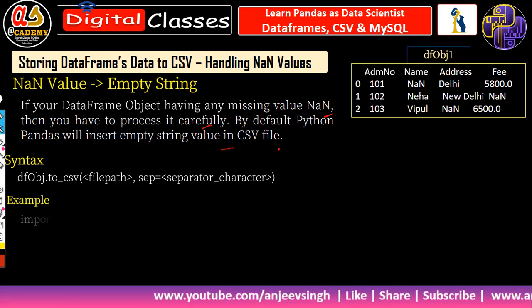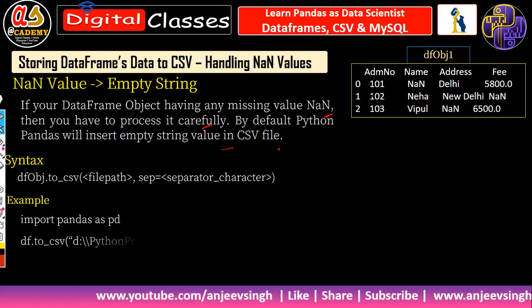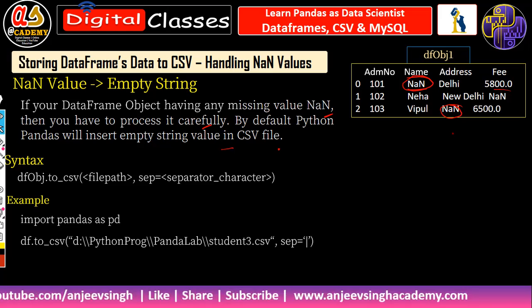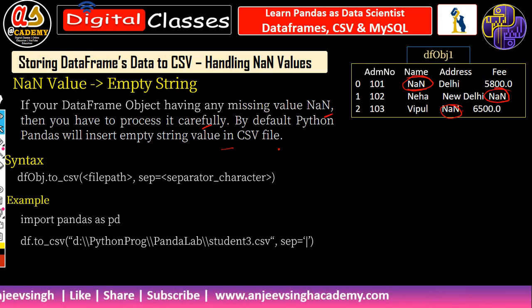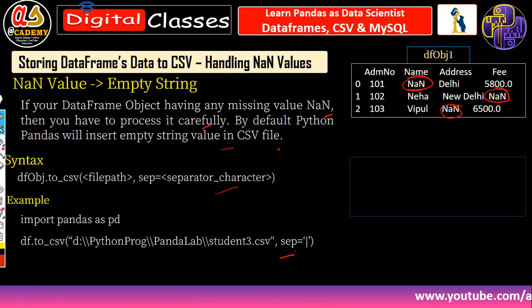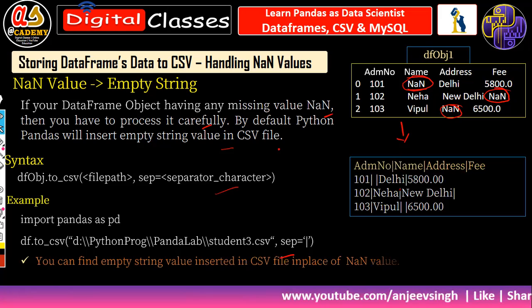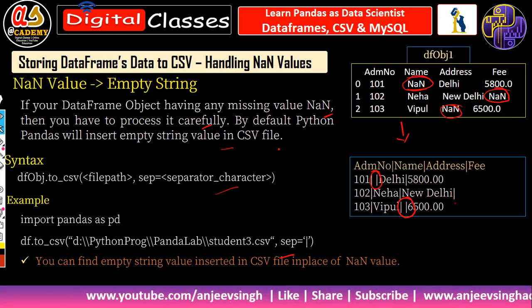Suppose this data frame has NaN here, and this data frame has NaN here also, and this has NaN here also. So there are three places where we are getting the NaN information. Whenever I create the CSV file from this data frame, you can find out, look at this space, look at this space, and look at this.